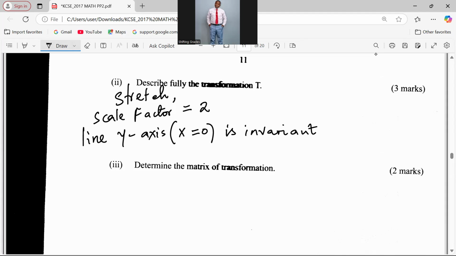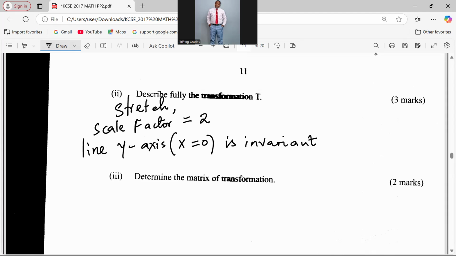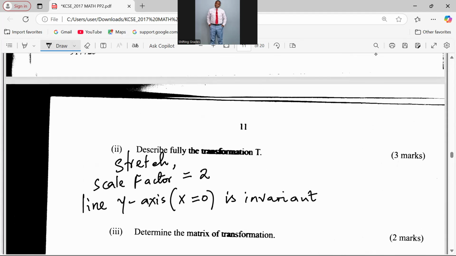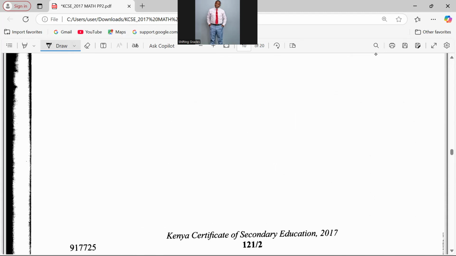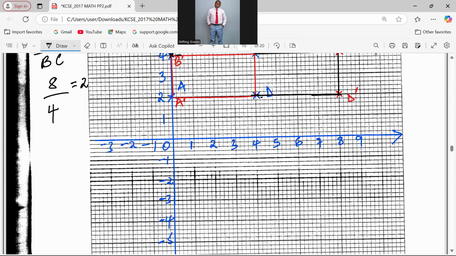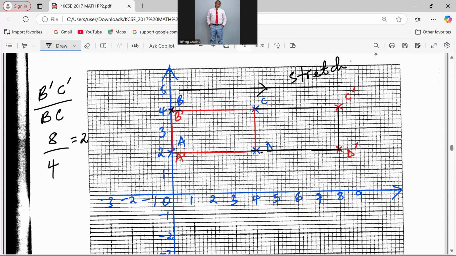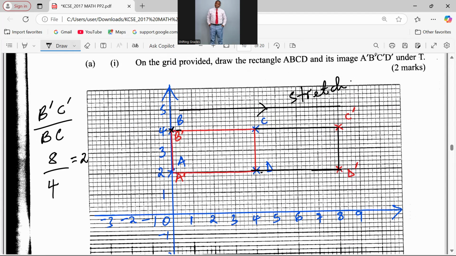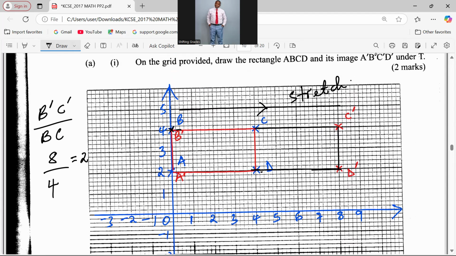So during a stretch, the direction of stretching is usually perpendicular to the invariant line. So considering the direction of the stretching, this direction is perpendicular to the vertical axis. Remember, this should not be confused with a shear.